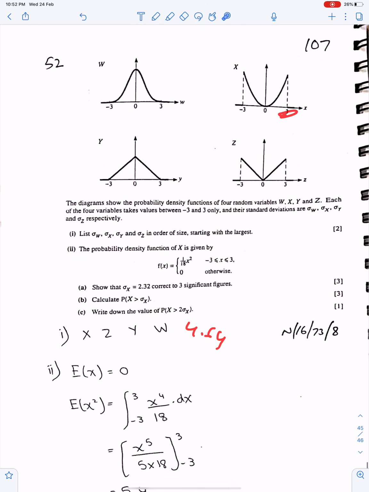And according to this sketch, 4.64 is here. So less than 4.64 is 1, and after 4.64 is 0. So this answer is 0. This number is 4.64, and 4.64 must be after 3, maybe here. So after this the area is 0, and before this the area is 1.